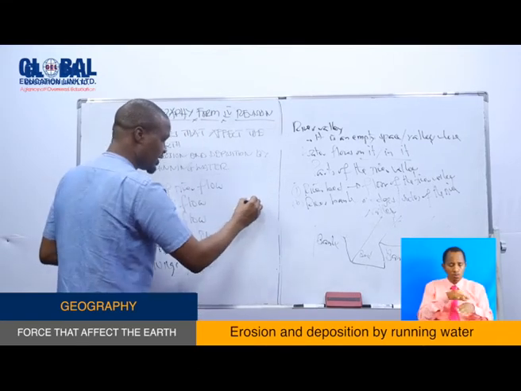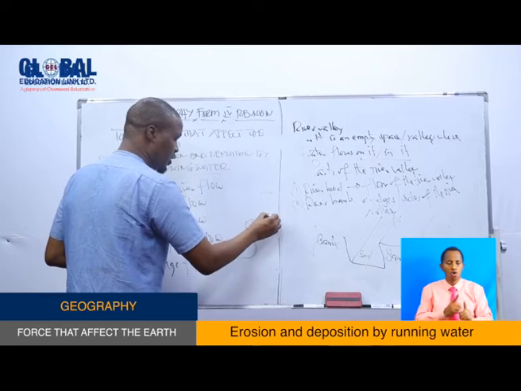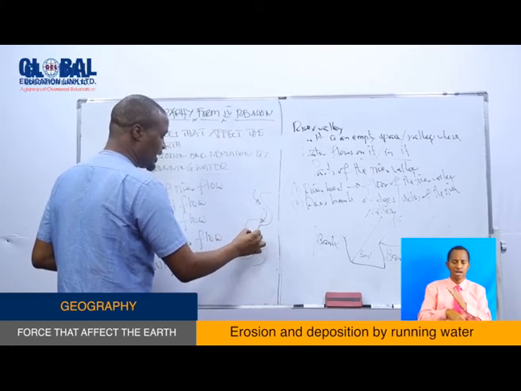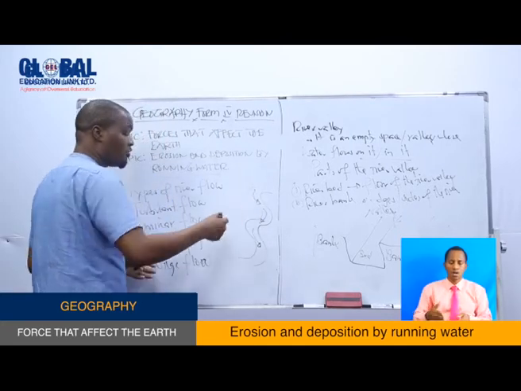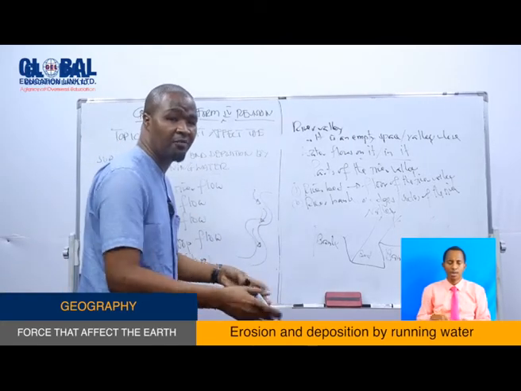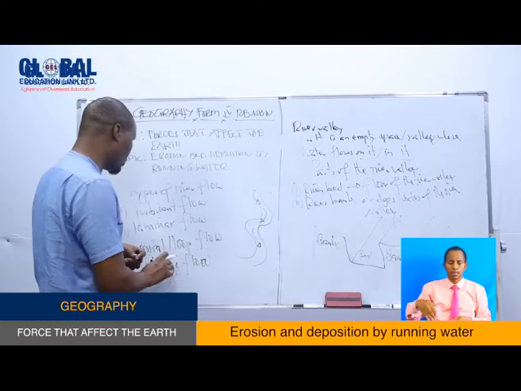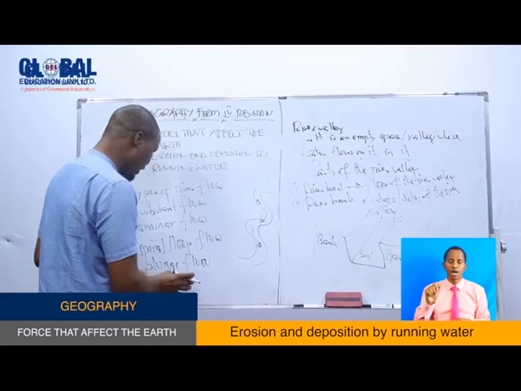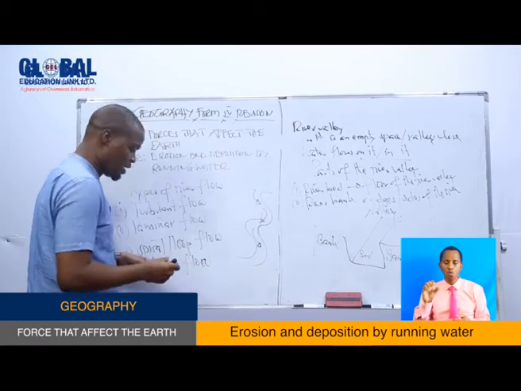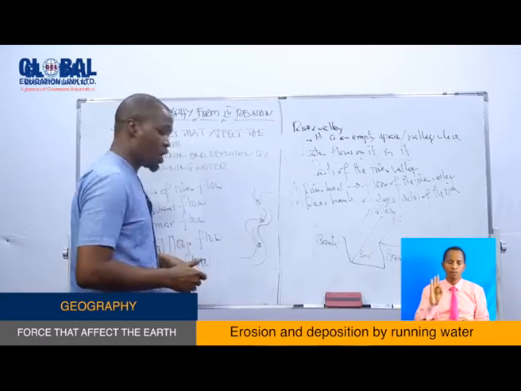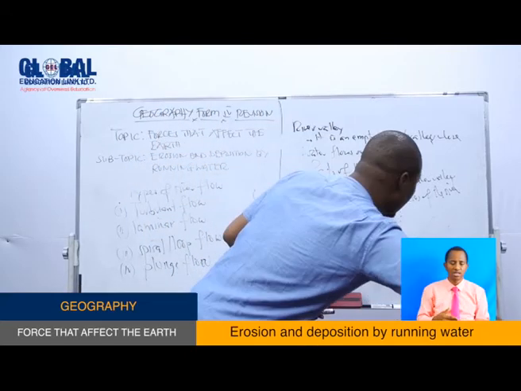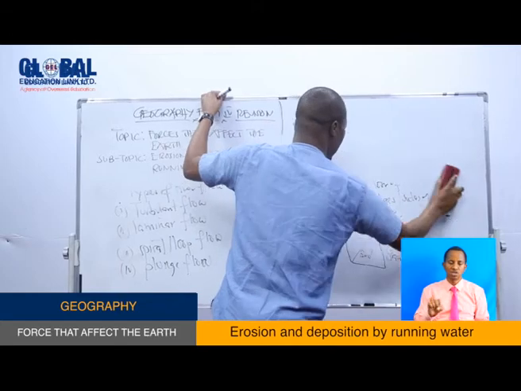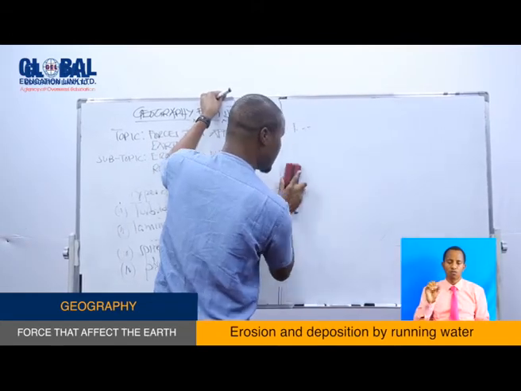For instance, if the water in a river valley flows following the bends, the meandering of the river valley, that type of river flow we call the spiral or loop flow. Are you with me? Then we have the plunge flow. It means the river is flowing on a sharp point of the steep slope.